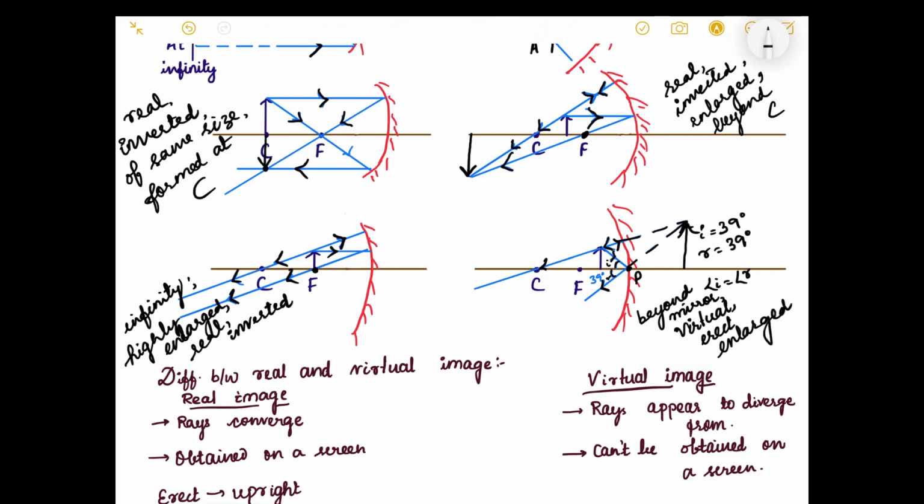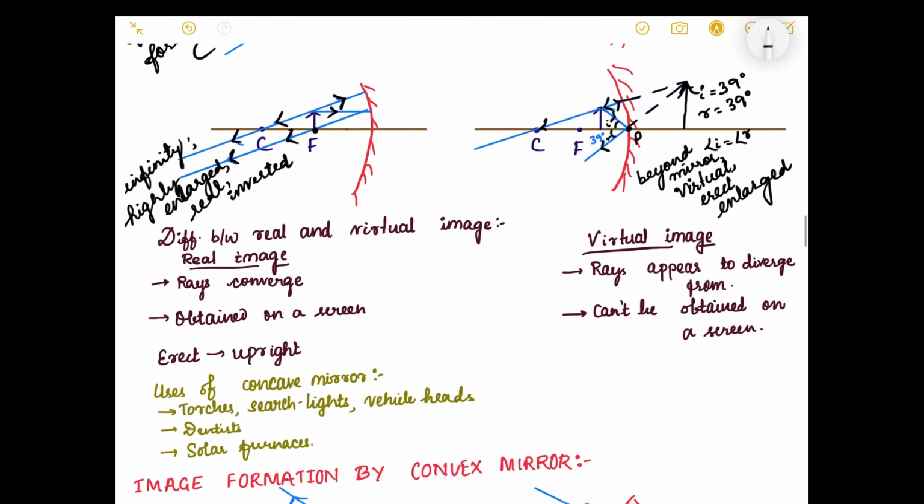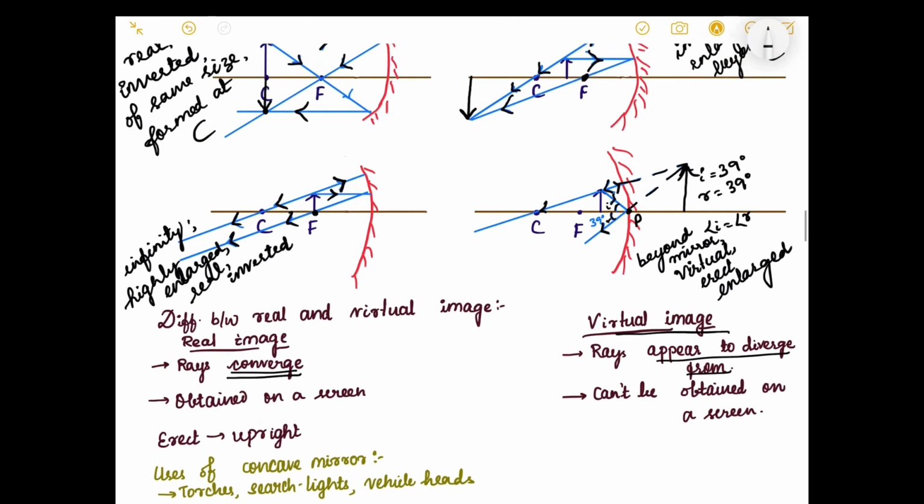Now let us consider the difference between real image and virtual image. In the case of real image, all the rays they converge, but in case of virtual image, all the rays appear to diverge from a point.